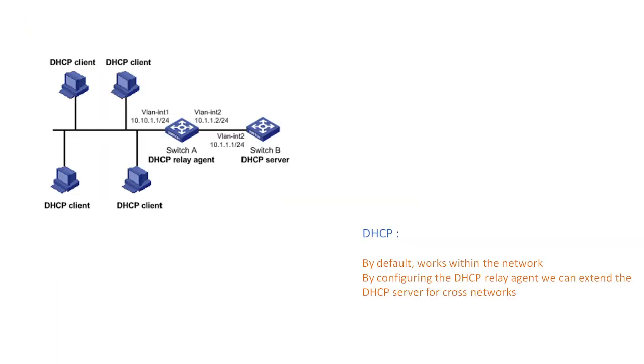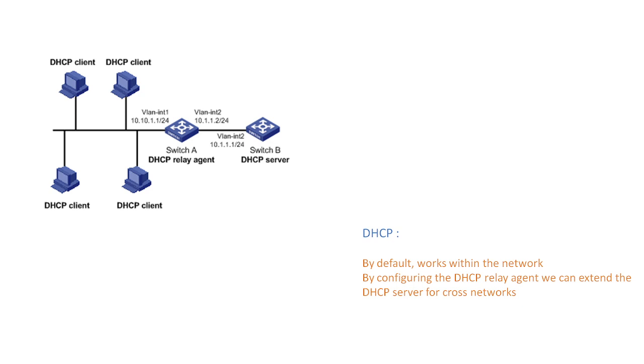By default, DHCP works within the network, which means you can have only one DHCP server in the network. If you have more than one DHCP server in the same network, they will not work properly. By default, one DHCP server works only within the network and will not work beyond the router. If you want to make use of an existing DHCP server for a different network, we can enable the DHCP relay agent.